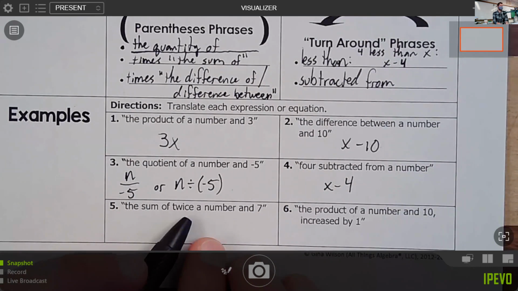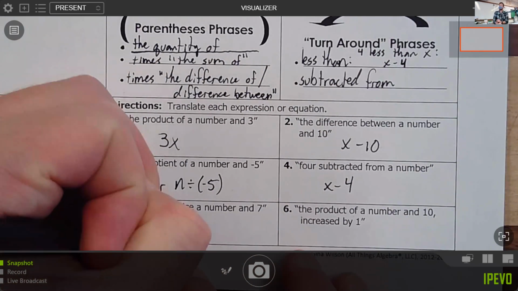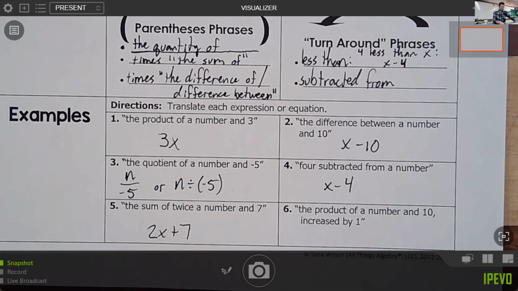Twice means times what number? Times 2. Twice means times 2. So twice a number, so 2x, the sum of that, and 7. So we're writing 2x plus 7. We're adding together twice a number, 2x, and 7 with that.